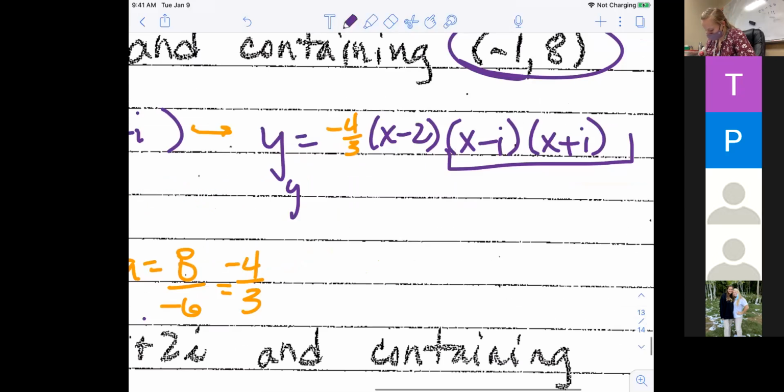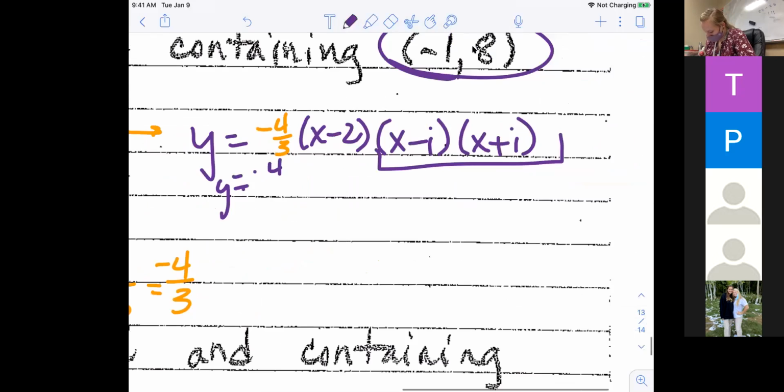y equals -4 over 3, x minus 2. This becomes x squared, or sorry, yeah, x squared plus xi minus xi minus i squared.